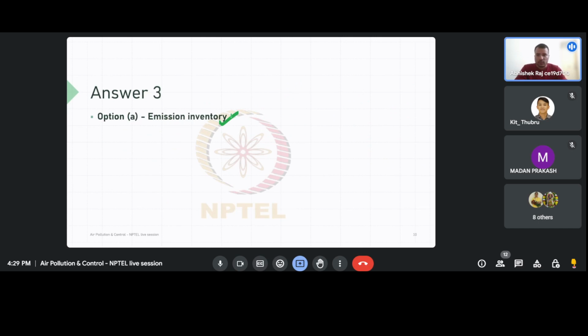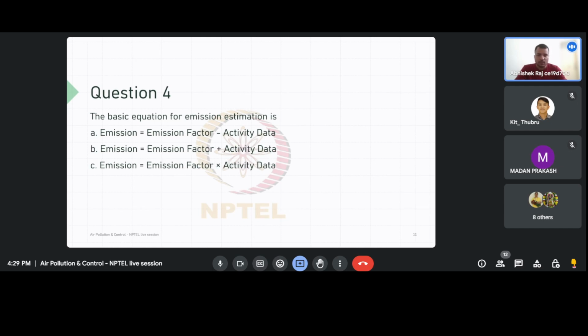Moving to the next question, question 4, the basic equation. It is a continuation from the previous question. For emission estimation, is it the difference of emission factor and activity data, the sum of them, the product, or the division of them?